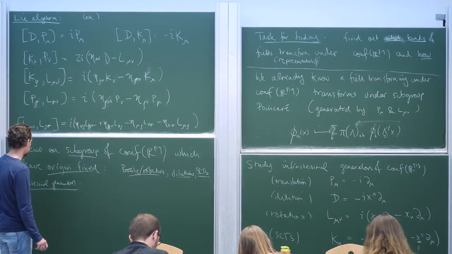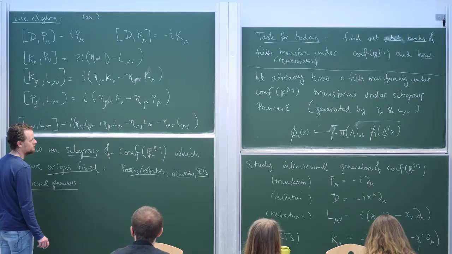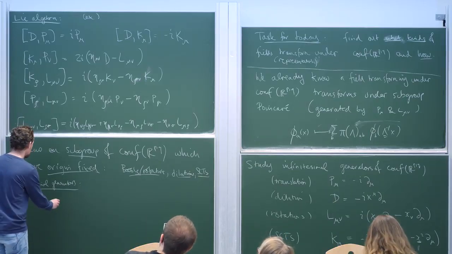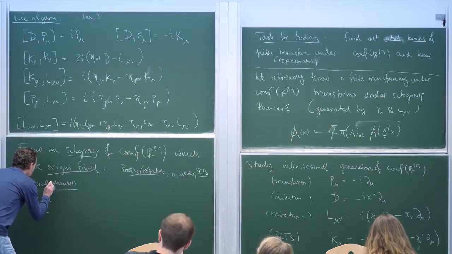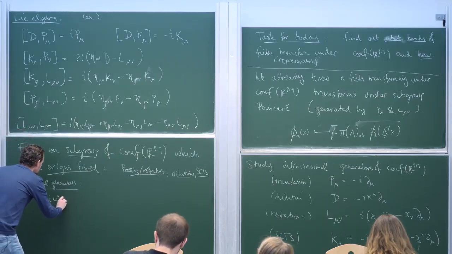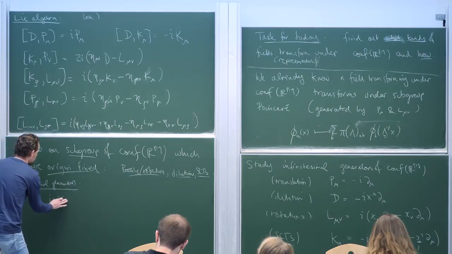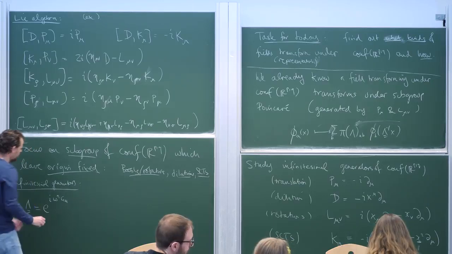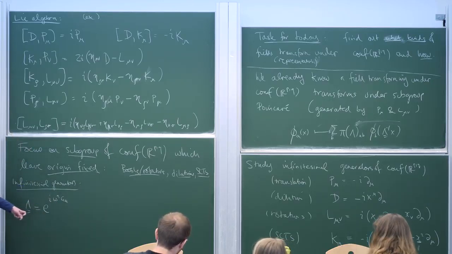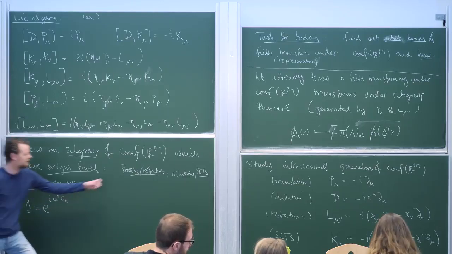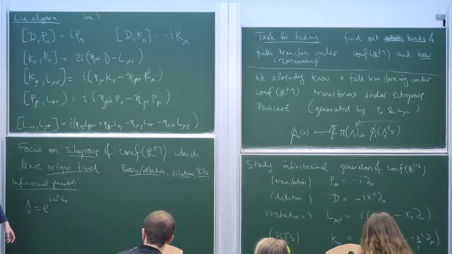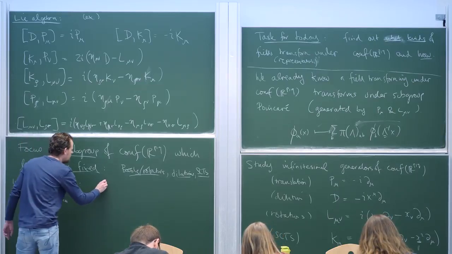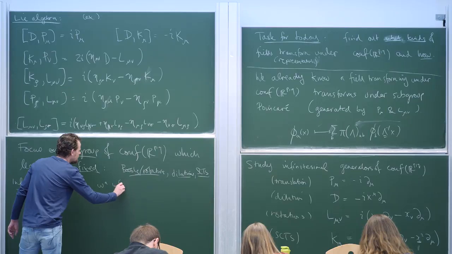So e to the i omega_A generator A. Probably a bad notation, let's stick with alphas. Suppose you have an infinitesimal conformal transformation that is some combination of boosts, dilations, and special conformal transformations. So omega_A is infinitesimal.